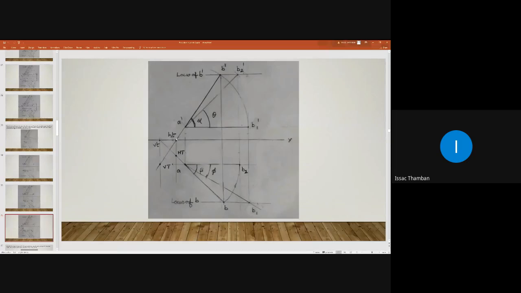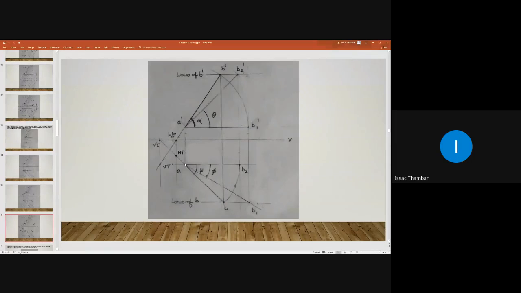So erect this perpendicular. Then what next? After that, after erecting the perpendicular, you consider the line representing the plan. Here the line representing the plan is AB. This line AB.